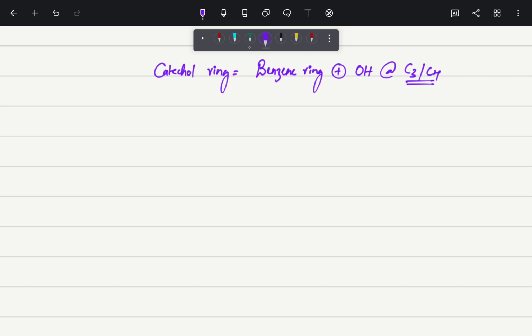Now what is meant by this? So once again we are going to draw the structure of the benzene ring. So this is the benzene ring, and to this benzene ring there is hydroxylation at carbon number 3 and carbon number 4. Now this entire structure is called your catechol ring.